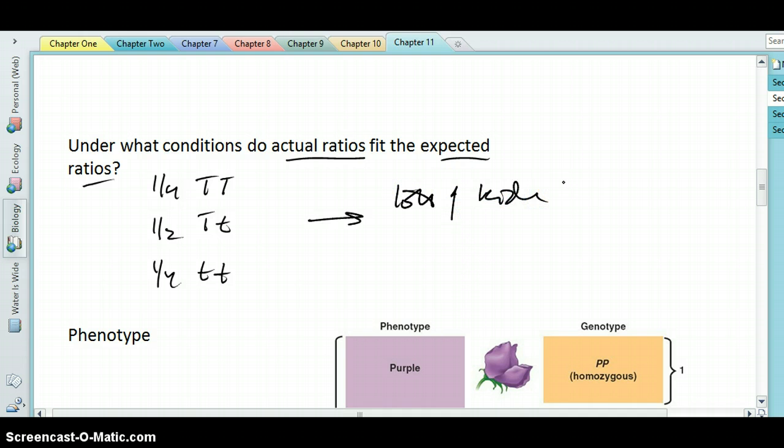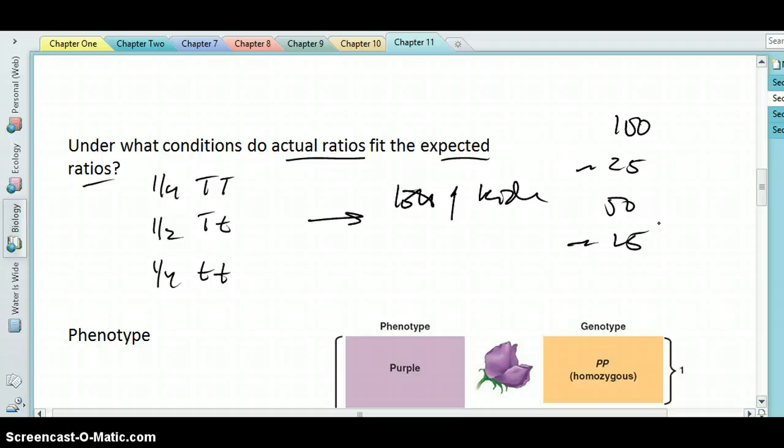So instead of just having 4, if those two plants are crossed and they have 100 offspring, which is not unheard of in plants, plants can have lots of offspring, basically. If you have 100, then you should get approximately 25, 50, and 25. You may not get exactly those numbers, but it will be pretty darn close.